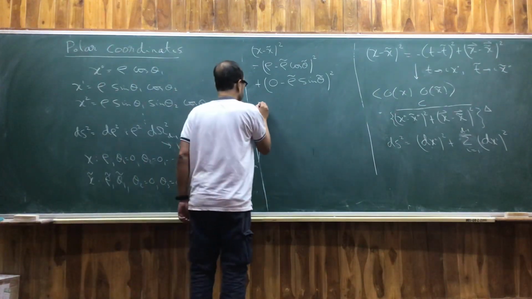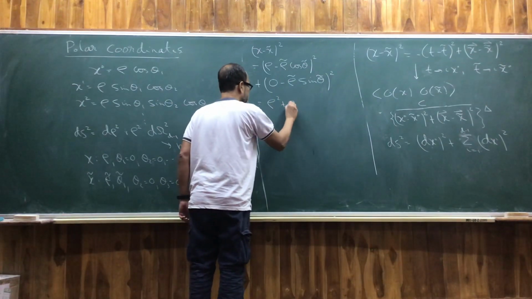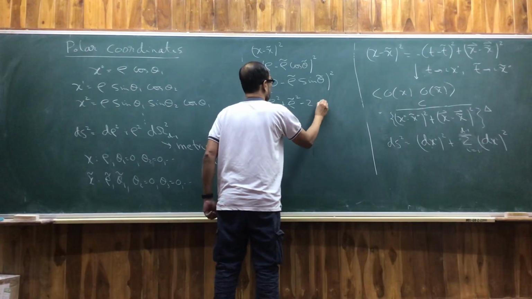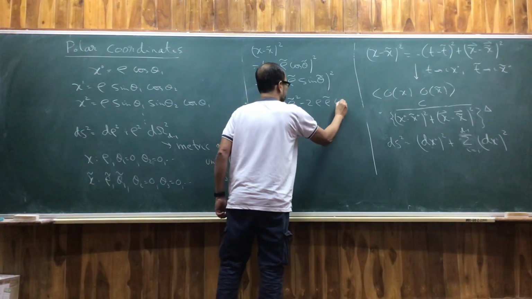So this you can expand it out. So rho squared plus rho tilde squared minus 2 rho rho tilde cos theta tilde.